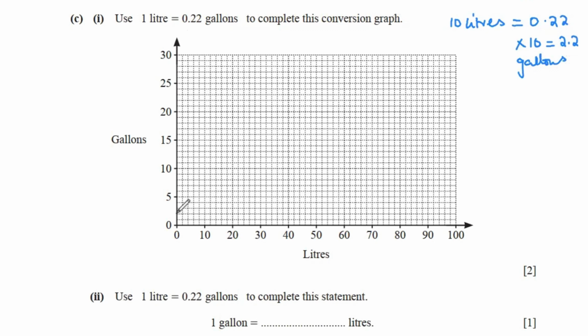So this is 1, this is 2, somewhere over here. 100 liters would be 0.22 times 100, and that's 22 gallons. So 22 is going to be over here. That's 22 gallons. So this is going to be our line.